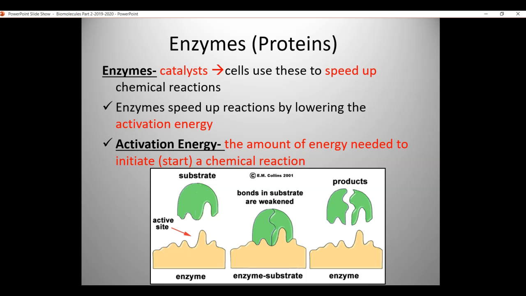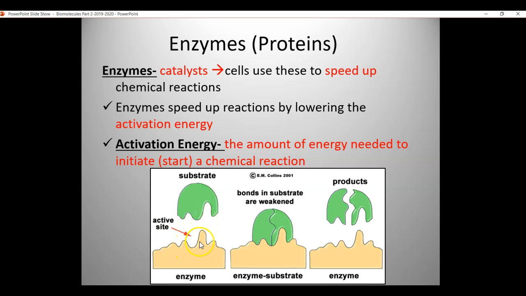Specifically, you have what we call an enzyme-substrate complex. In order to catalyze reactions, the enzymes must bind to the reactants, or substrate. So if you look at this picture right here, here is my enzyme, and here is my substrate. So this is the reactant that I'm wanting to break down at the active site.